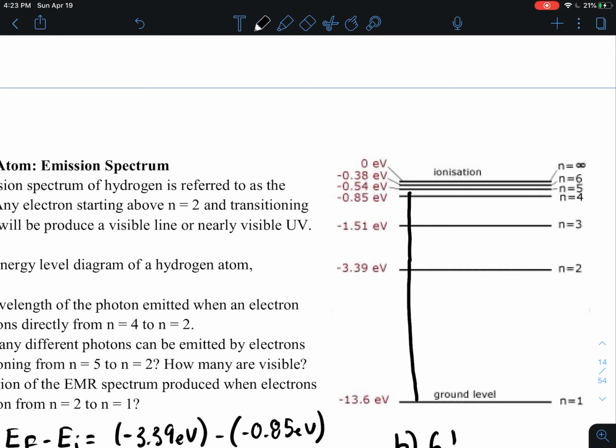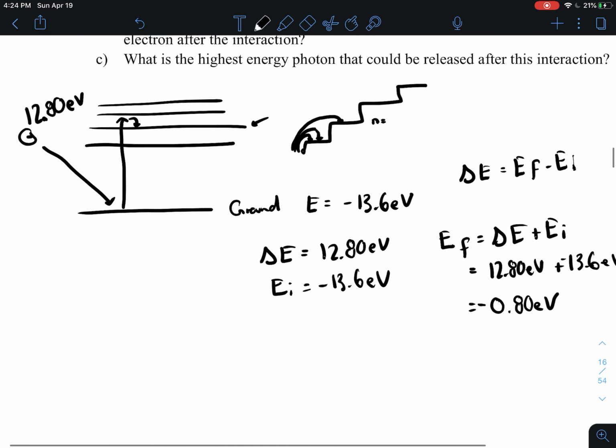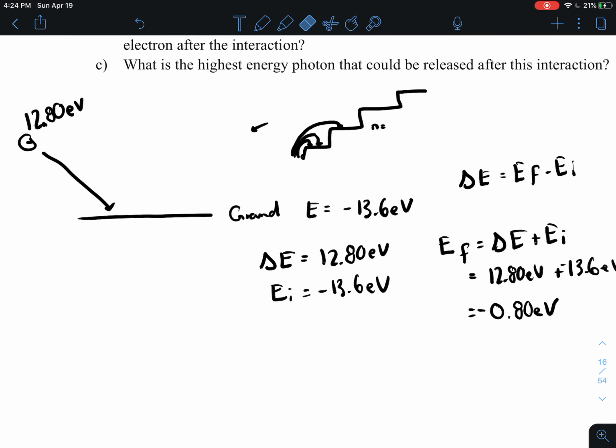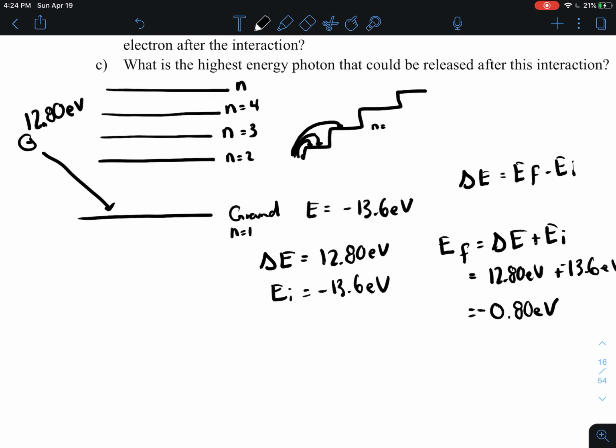It doesn't have 0.54. If it did, it would reach n equals 5. But because it's somewhere between, it actually falls back down and only goes to n equals 4. Let's recreate that on this question. Here's my ground state, n equals 1. Here's n equals 2. I'm going to make them a little further apart so you can see n equals 3, n equals 4, n equals 5.